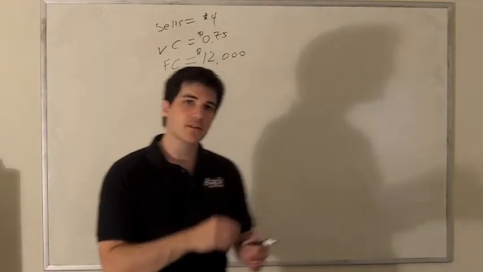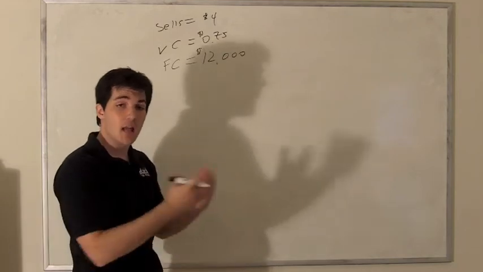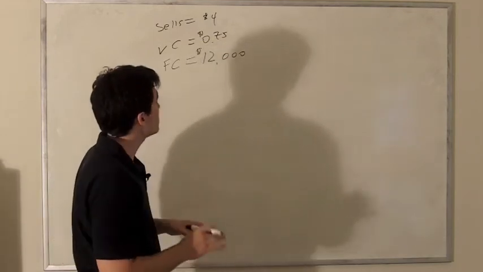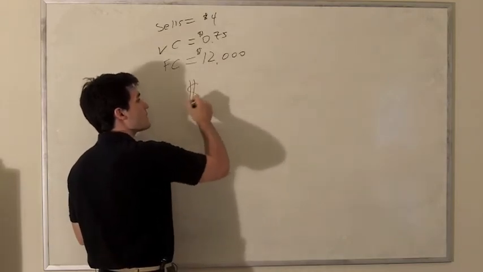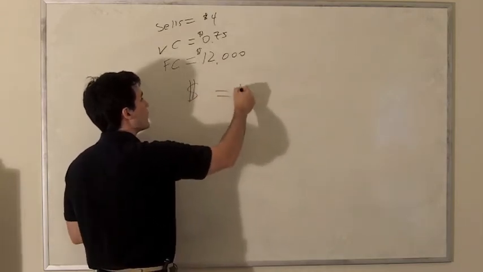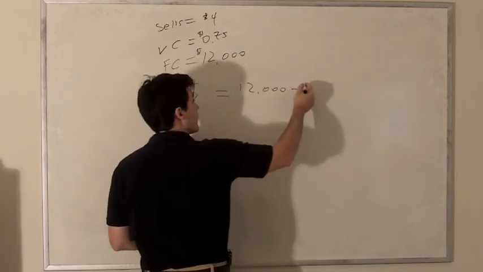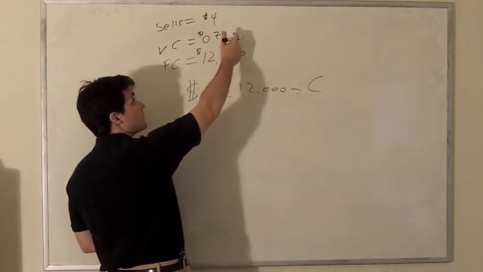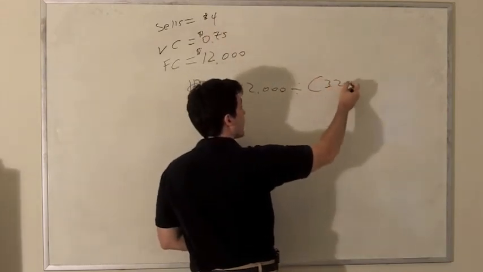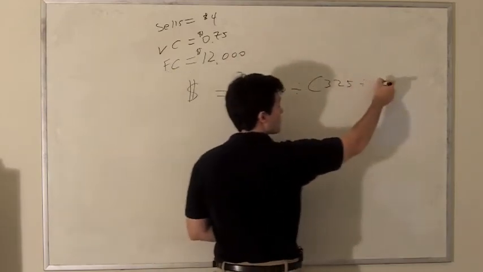So using the same facts from before, we can calculate the dollars needed to break even. All right. So the dollars needed to break even equals your fixed costs divided by the contribution margin, which is your sales price less your variable cost, so 3.25, divided by your sales price, which is $4.